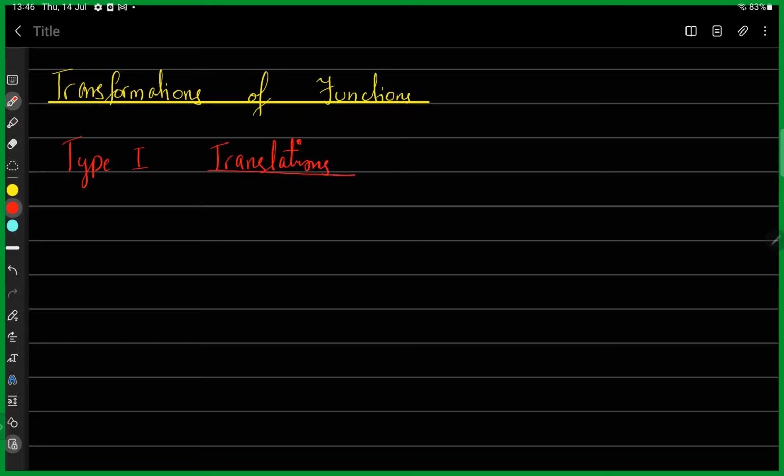Now, some of you would be knowing what exactly a translation is. Like when we say translations, basically, if you have a point, it's basically shifted to another point. Or if you have, let's say, a circle or a curve, it's just shifted to another point. But what impact would it make on the equation of that function? Okay, so the question could be either way.